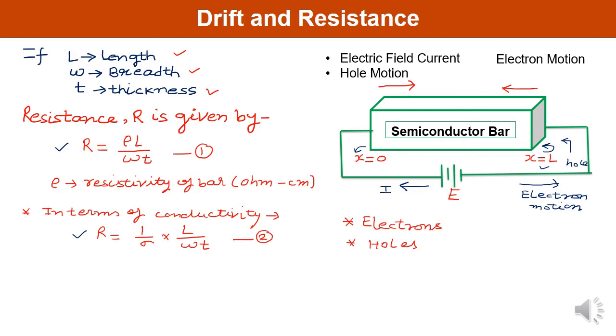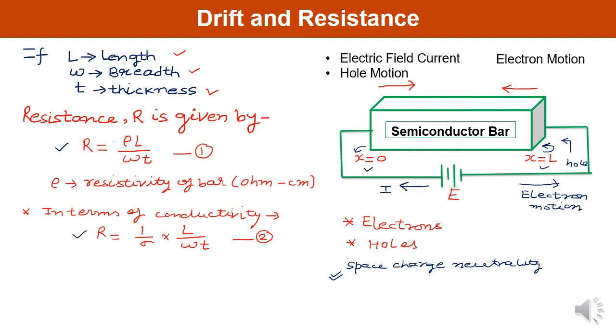At the same time, a hole appears at x is equal to 0 to maintain space charge neutrality. You have studied the concept of space charge neutrality, where the sum of all the positive charges is equal to the sum of the negative charges. So space charge neutrality is maintained over here.